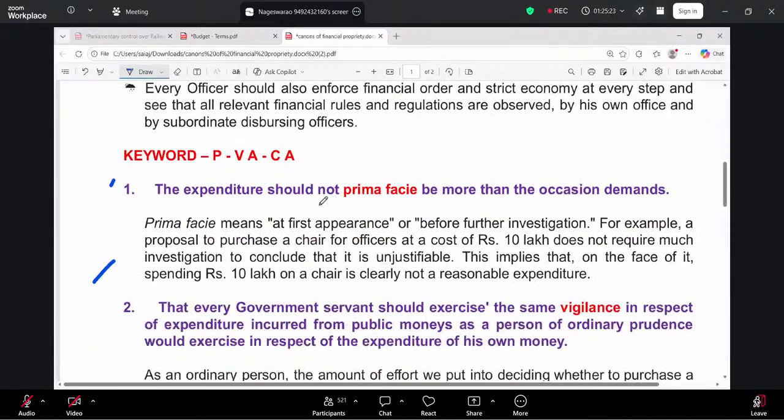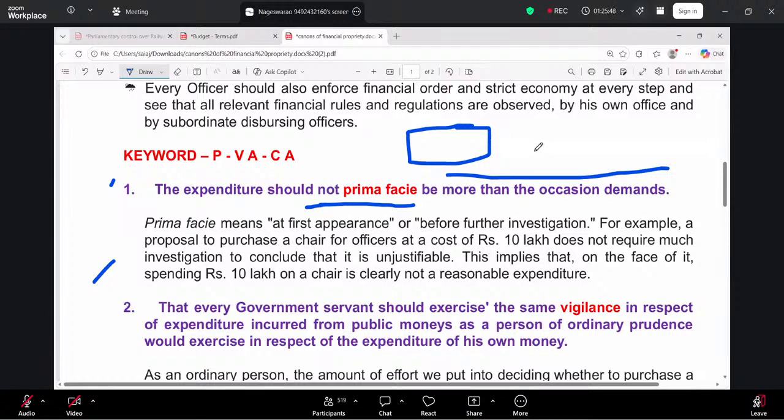Here, the expenditure should not prima facie be more than the occasion demands. That means on seeing itself, it should not be more than the occasion demands. See, the occasion demands a color TV in the customers waiting hall in the railway station.